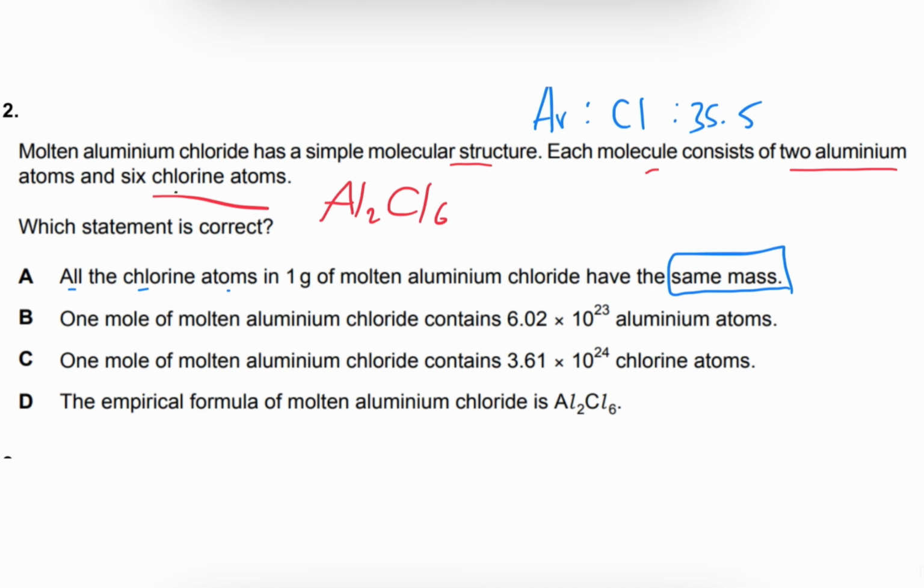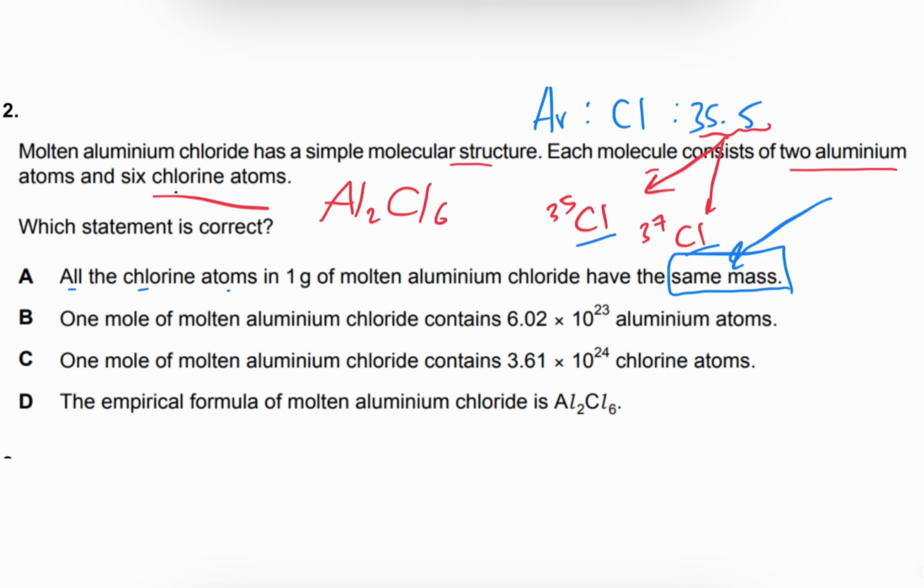The reason behind the decimal value is the presence of isotopes. You could have chlorine-35 and chlorine-37, and these 2 chlorine atoms are isotopes of each other. However, they have different numbers of neutrons, and that's why they have different masses.